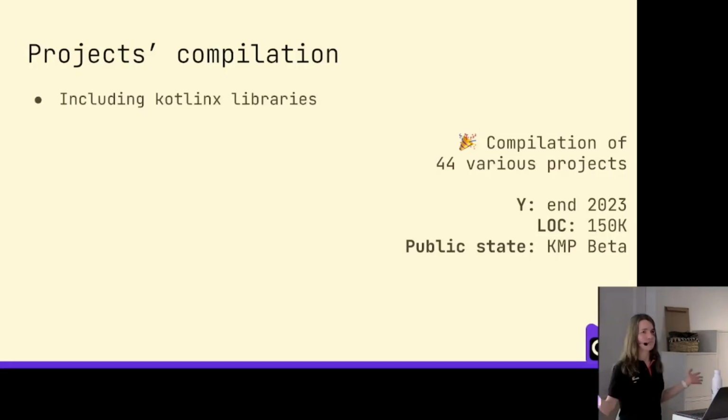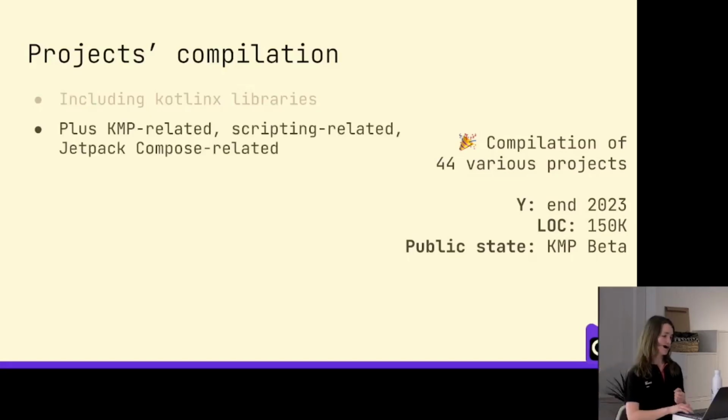We just skipped alpha. We have compiled all of our Kotlin libraries, and we even have a Kotlin train. So, you take atomicfu, you take coroutines, you build Ktor on top, and we have compiled it as well.